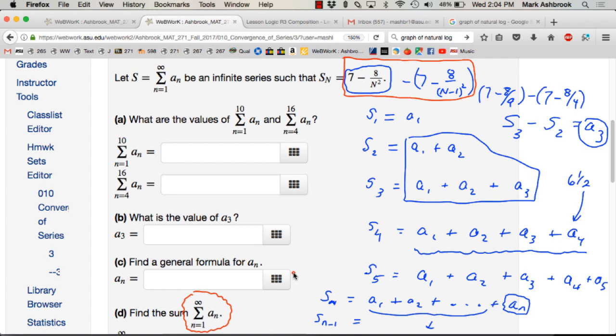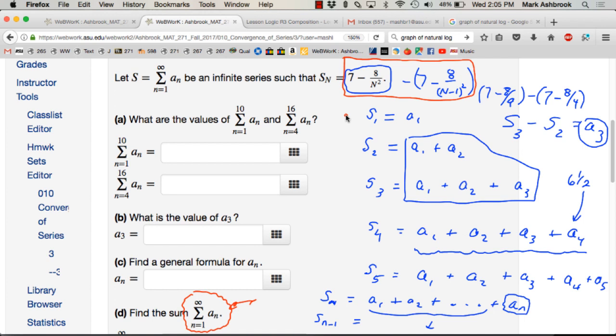Imagine the sum of the first 1,000,000 terms, the sum of the first 1,000,000,000 terms. Eventually your sequence of partial sums is approaching this. So we're just going to take the limit of that as n gets really big. And what is it? 7. So the series will sum up to 7, because as n gets really big, this sequence of partial sums will approach 7.